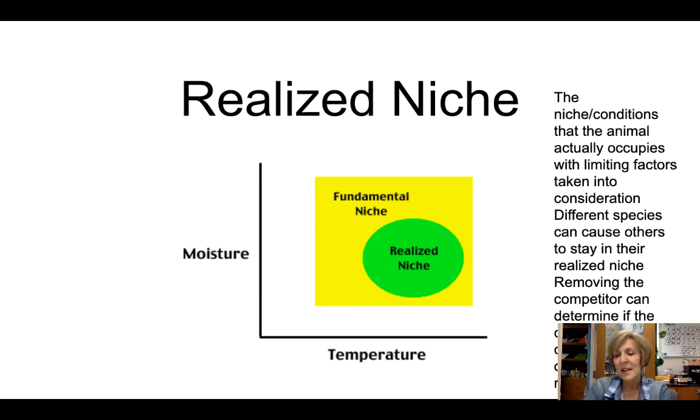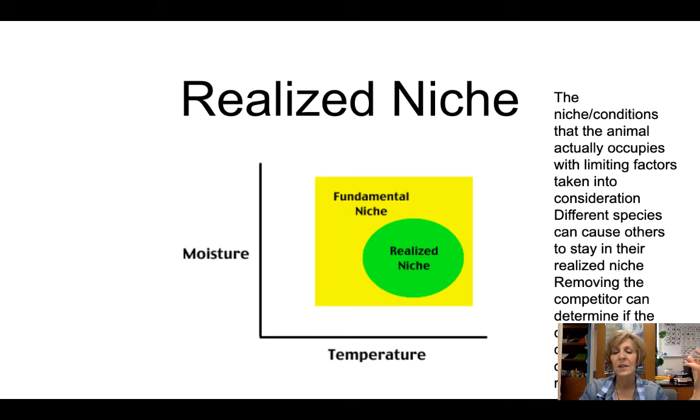So a niche, right? You guys know a niche is basically the role that an organism plays in that particular ecosystem. And there is a difference between the fundamental niche and a realized niche. A fundamental niche, you can think of it as hypothetically, where could that organism live?